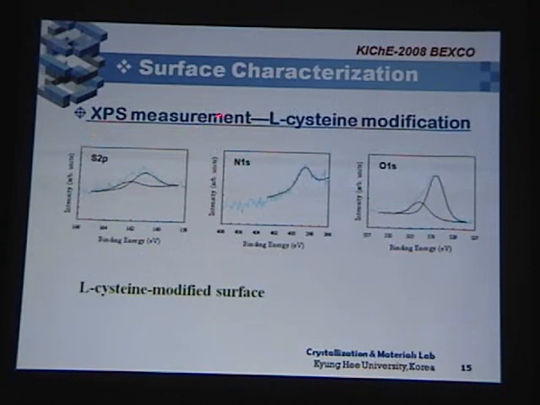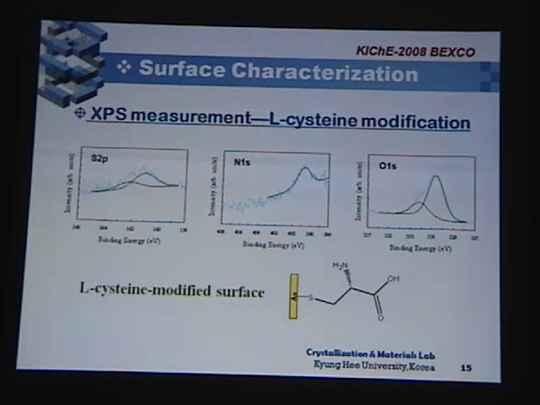And this is the XPS result of the alpha-spin modified surface. All of the S2p, N1s, and O1s regions clearly showed sulfur, nitrogen, and oxygen atoms on the sensor surface. This is due to these atoms in this alpha-spin modified surface.